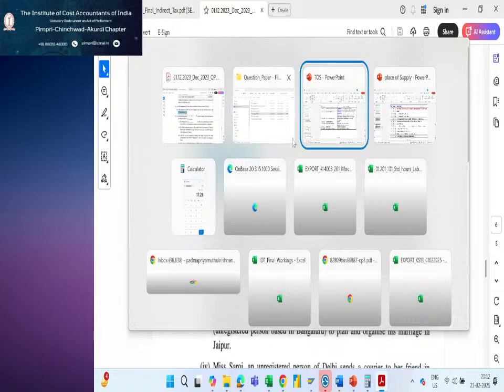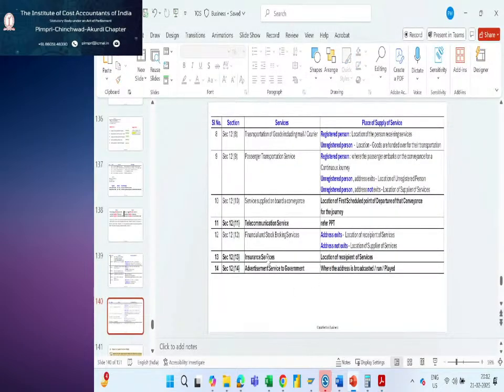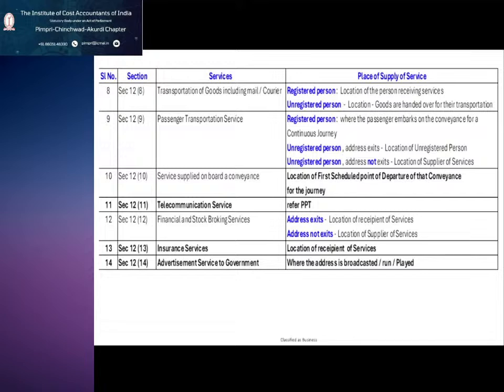I think only 10 minutes more, so we will complete the other 3 cases also: financial and stock broking services, insurance services, and advertisement service to government.